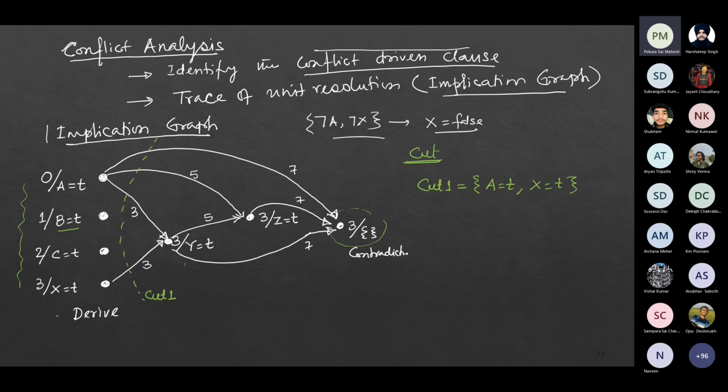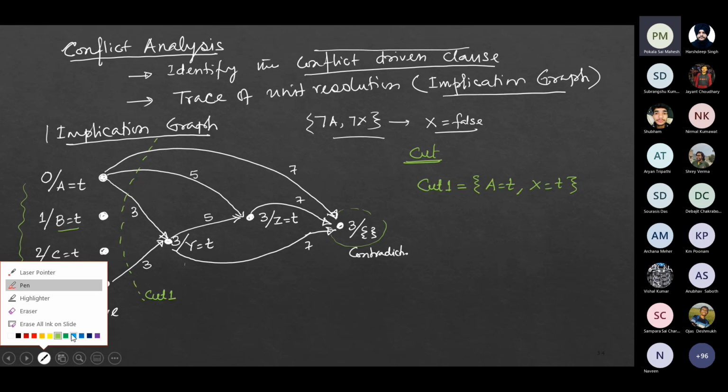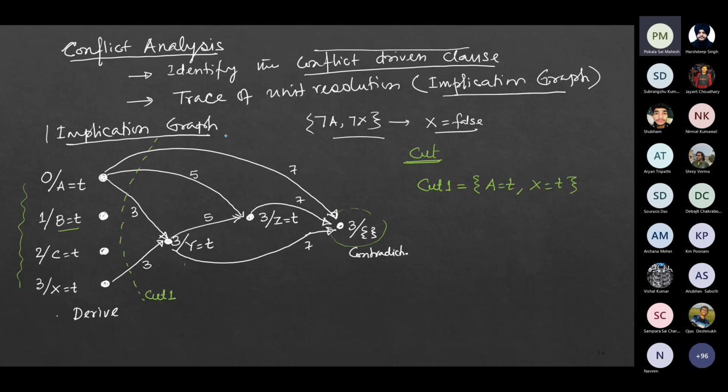So there might be another cut, right? So I can have another cut that will separate the nodes from the contradiction, right? So our cut 2 will contain what?